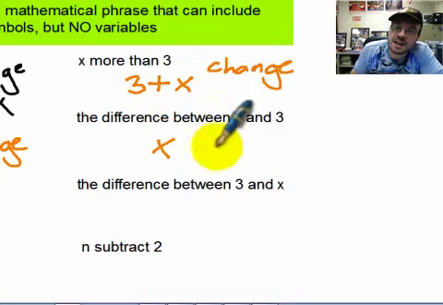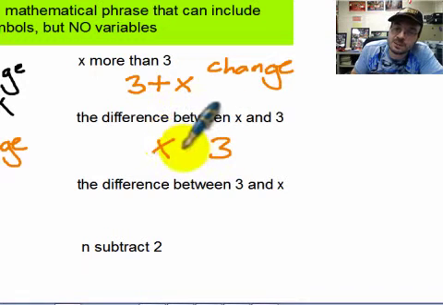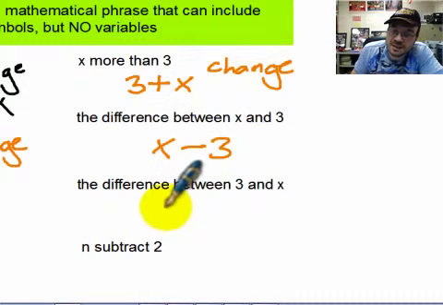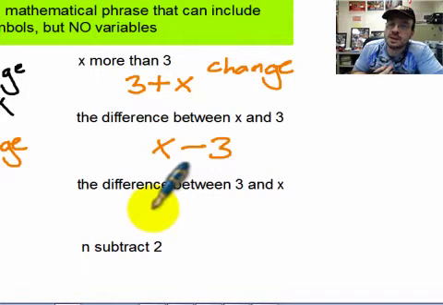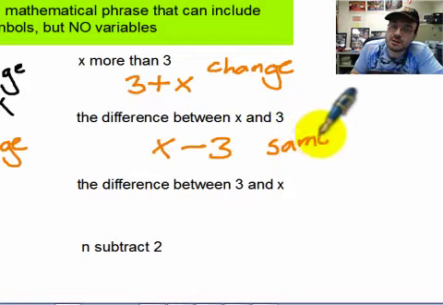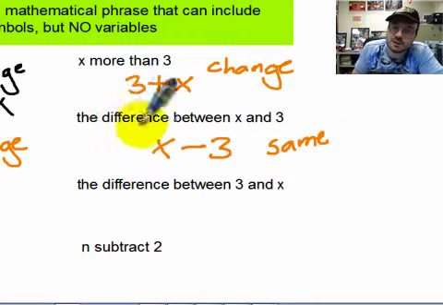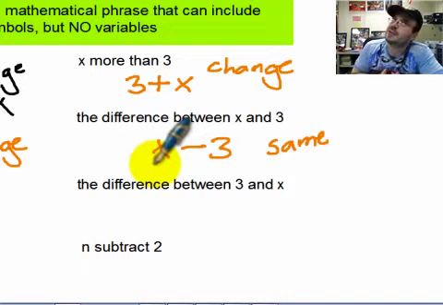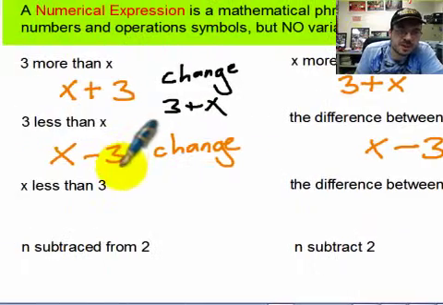Well, I have x and I have 3 and I want to find the difference between them, so I subtract. That means subtraction. And so the order stayed the same here. So when you use the word difference, apparently the order stays the same. That sounds a little weird, but that's okay.